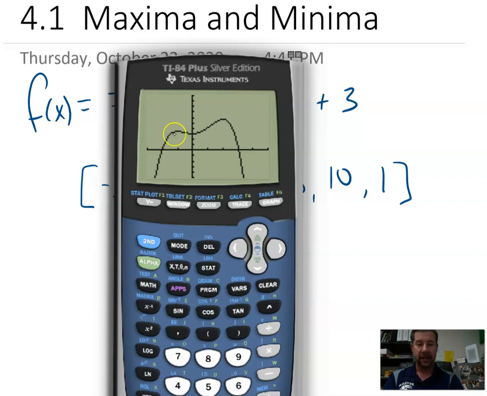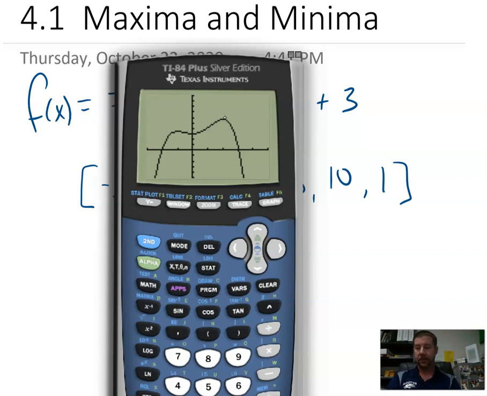So in this case, right about here I have a relative maxima because there's a point that's higher than all the other points around. And then over here I have a relative minima, or local min, because it's lower than the points around. And then here I have another relative max, or local max, that's higher than the points around. Okay?